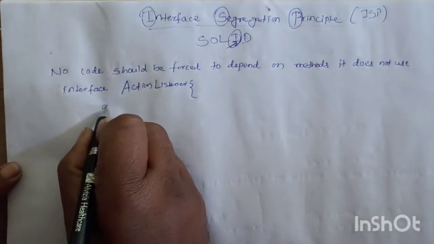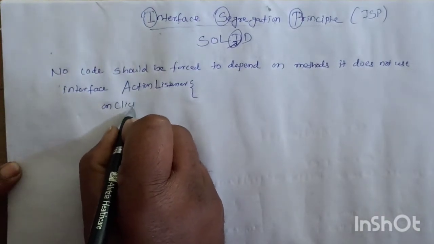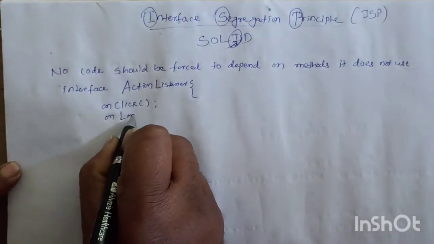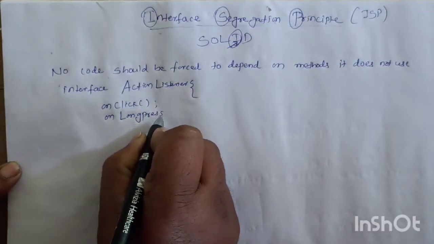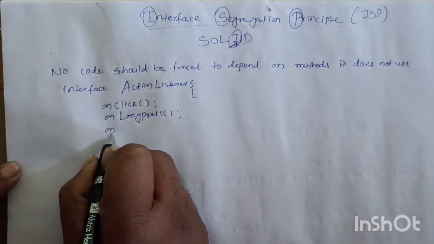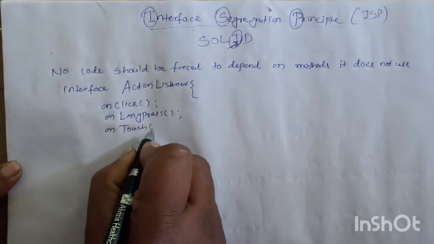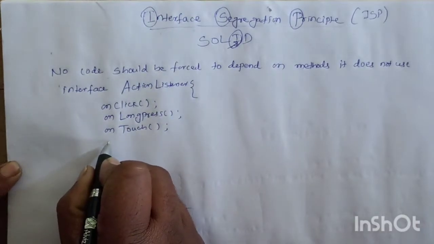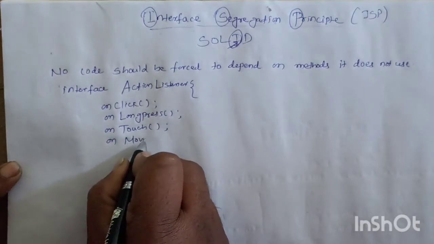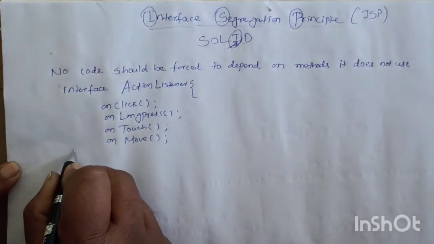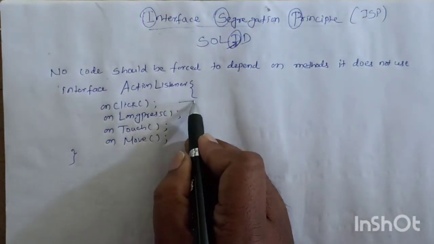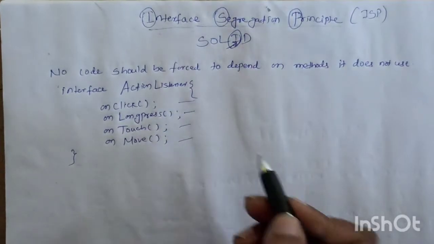So one method it can contain is onClick of view. Another method is onLongPress. Then let's say onTouch, and onMove, because we can drag and drop. So as of now we found four types of action it can contain.